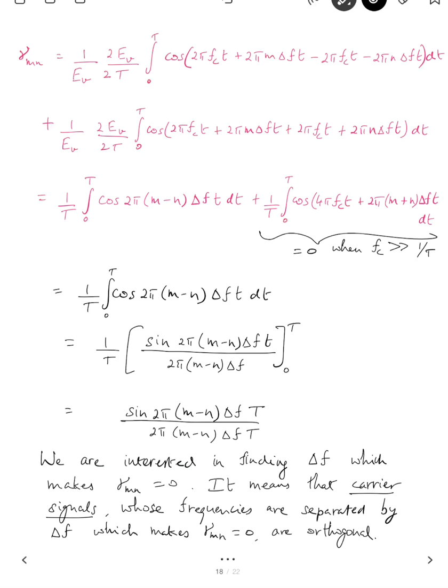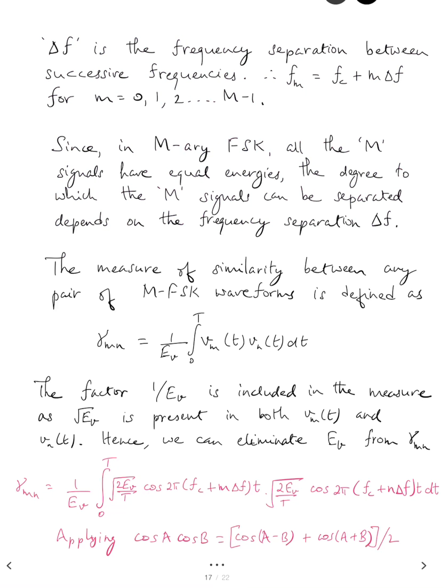Now we are interested in finding what should be the delta f that will make this entire term 0, because if this entire term becomes 0, that means gamma mn, which is basically the inner product between the two frequency components, will become 0.